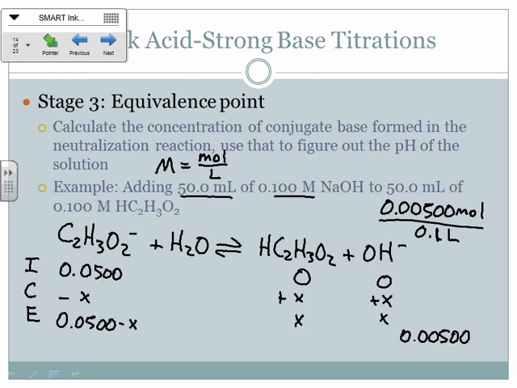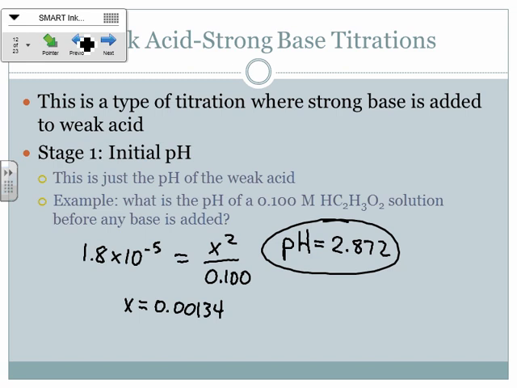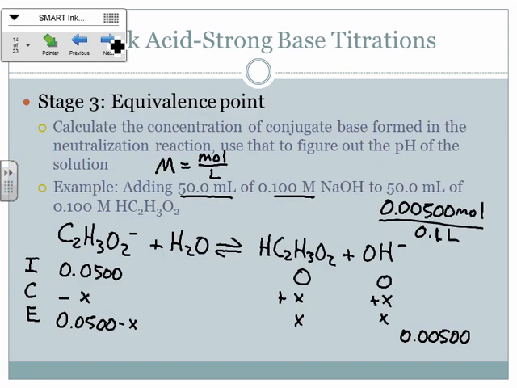And then you should be able to, again, if we have the Ka for acetic acid, or in this case what you would need would be the Kb for the acetate ion, in order to plug into this, because this is the base reaction. Our Ka is 1.8 times 10 to the negative fifth for acetic acid.